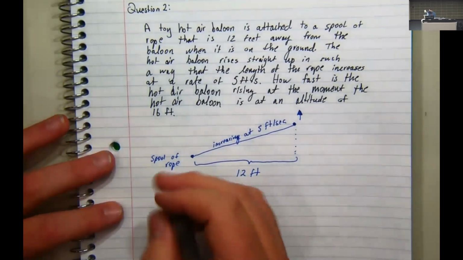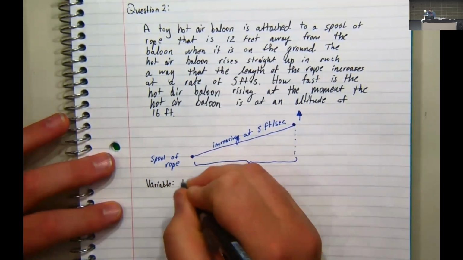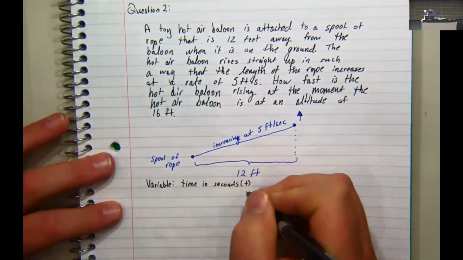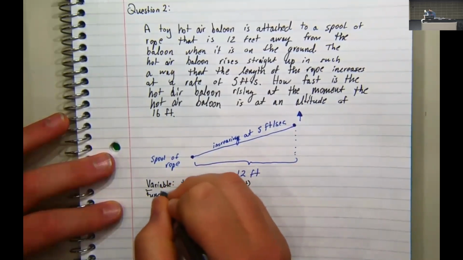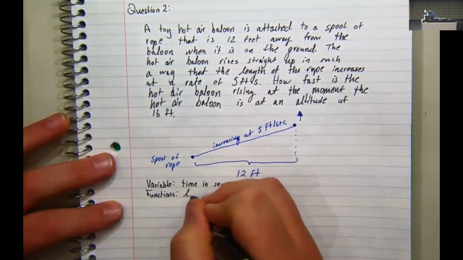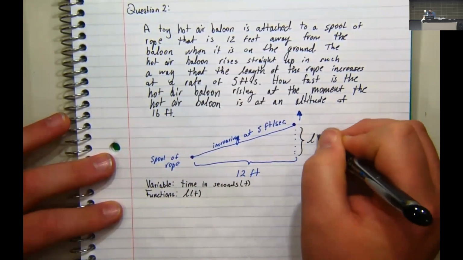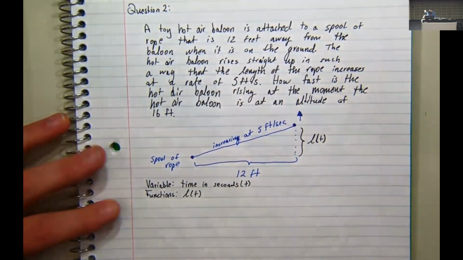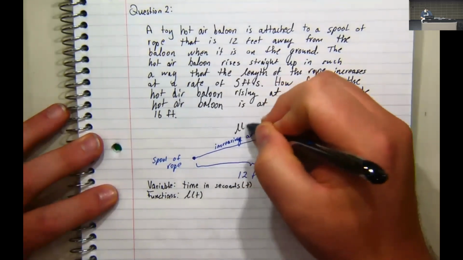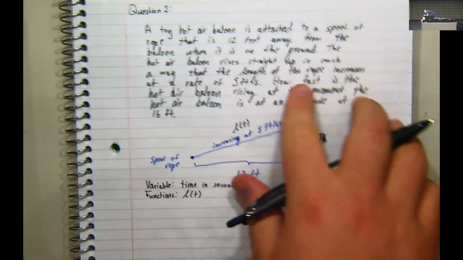Okay, so our variable here is once again going to be time in seconds, t. And our functions will be L of t, which is the length of the rope.